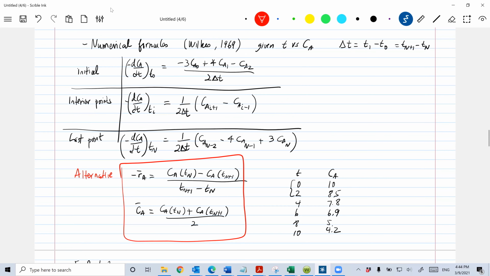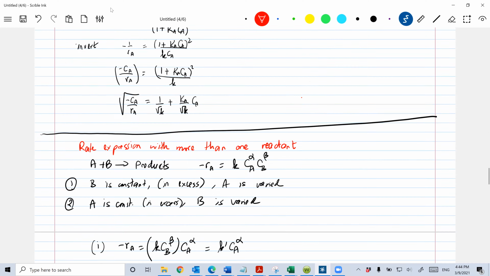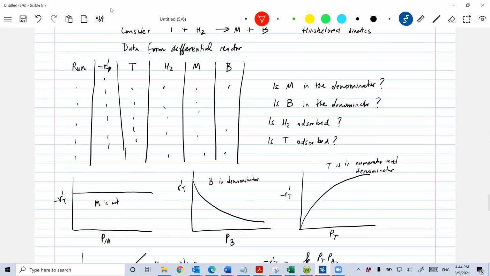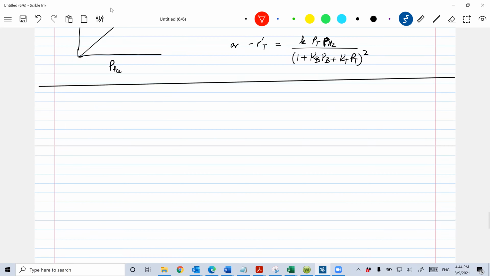I'm also going to post the Excel spreadsheet so you can play with it and see. It also has a nonlinear regression example that I'm going to go over next class. So you could always look at that first before class as well. So anyway, let's finish with the integral method.